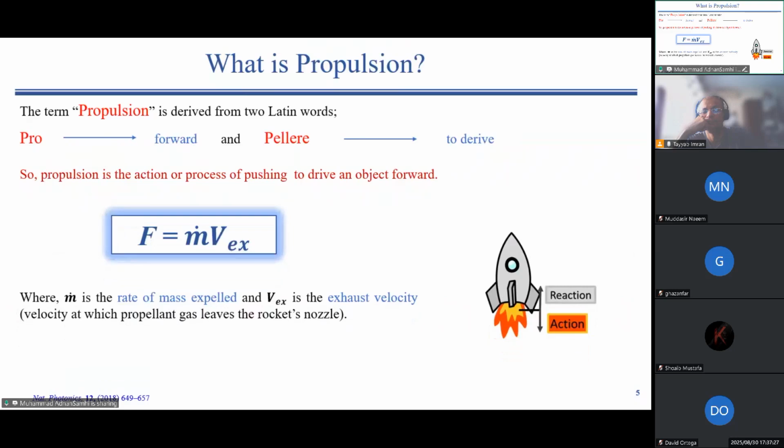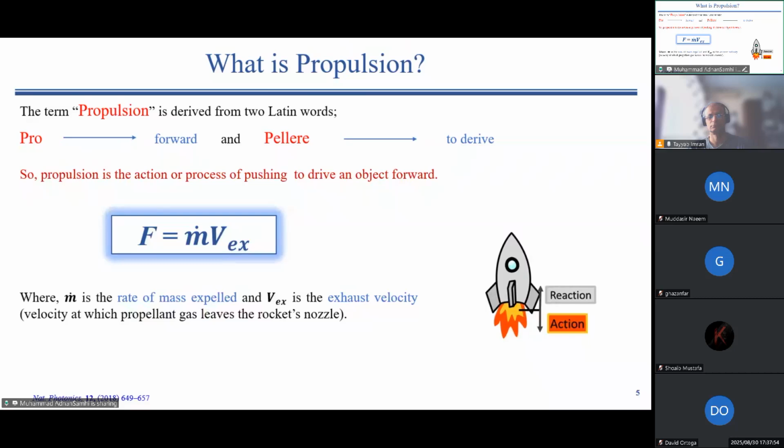We can say that every action has a reaction. We can explain Newton's third law of motion by using the equation F is equal to m dot Vex, where F is basically thrust, m dot is the rate of mass expelled from our spacecraft, and Vex is the exhaust velocity.